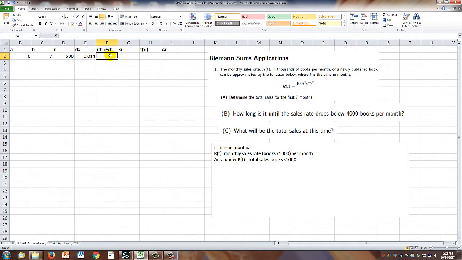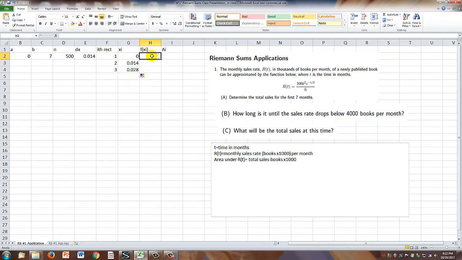Ith rectangle, that's our counter, so we want to build the first 3 rectangles by hand. Xi, we'll do left-hand rectangles, so the first x coordinate is 0, equals B2, and then moving to the right, the width of each rectangle is this, so we're going to click on the first x coordinate and add the width of the rectangle dx, and then hit F4 to put the dollar signs in. Then I'm going to drag this down.